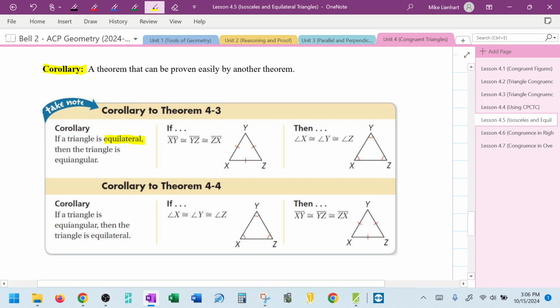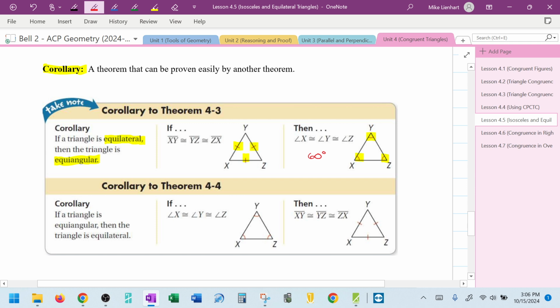So instead of having two equal sides, it has three equal sides. Then we know that the triangle is equiangular. In other words, if all three of the sides are congruent, then we can conclude all three of the angles are congruent. And if you wanted to take that even a step further, each angle is 60 degrees.